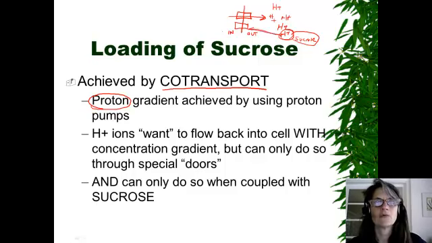And so through this means of creating a concentration gradient for hydrogen, we will also allow sucrose to get pulled in against its concentration gradient. So the hydrogen ions flow with their gradient, and the gradient is so strong to pull them in that it will pull a coupled sucrose in.